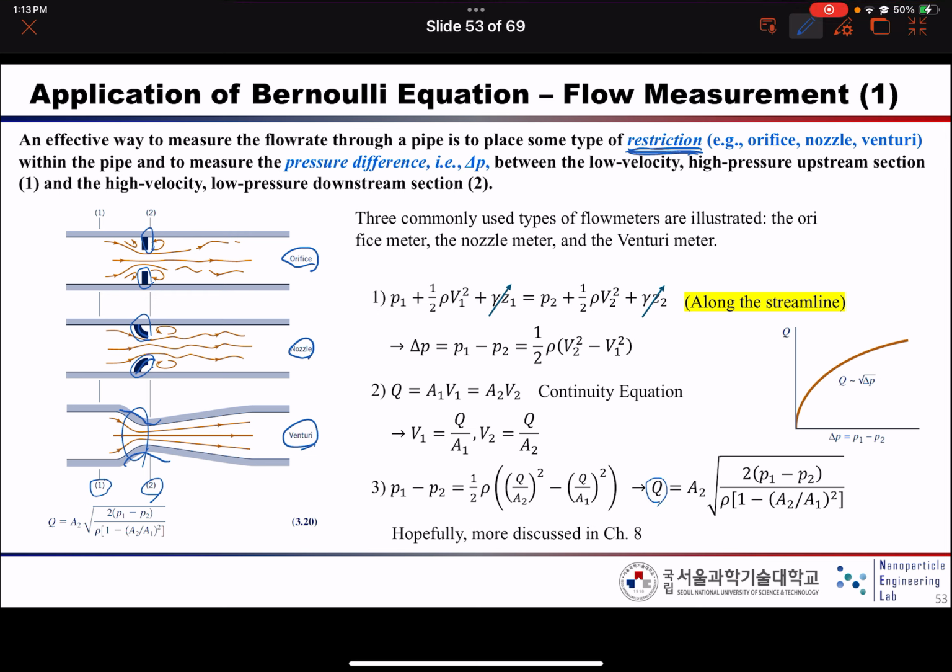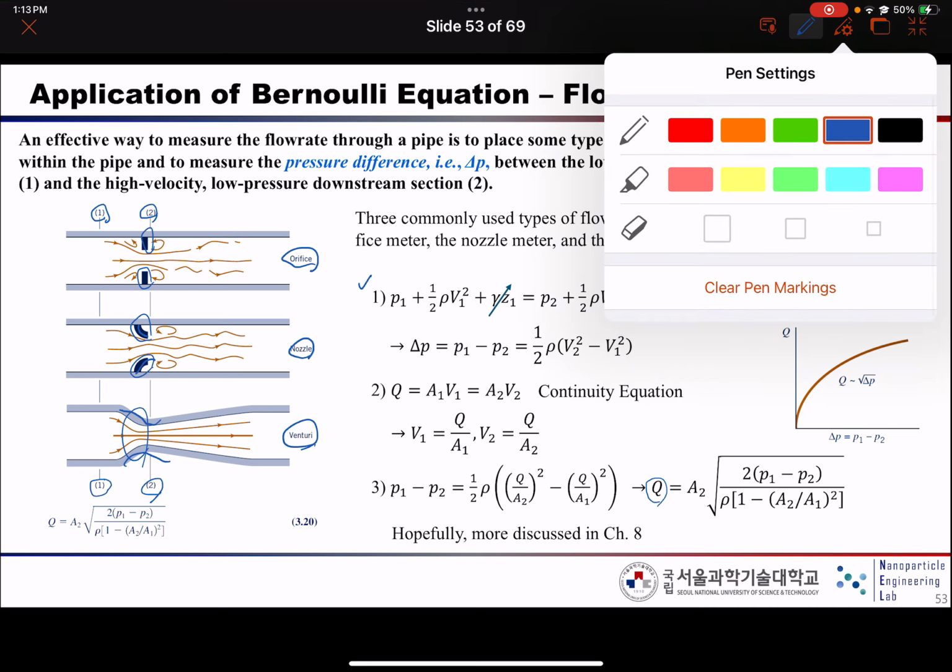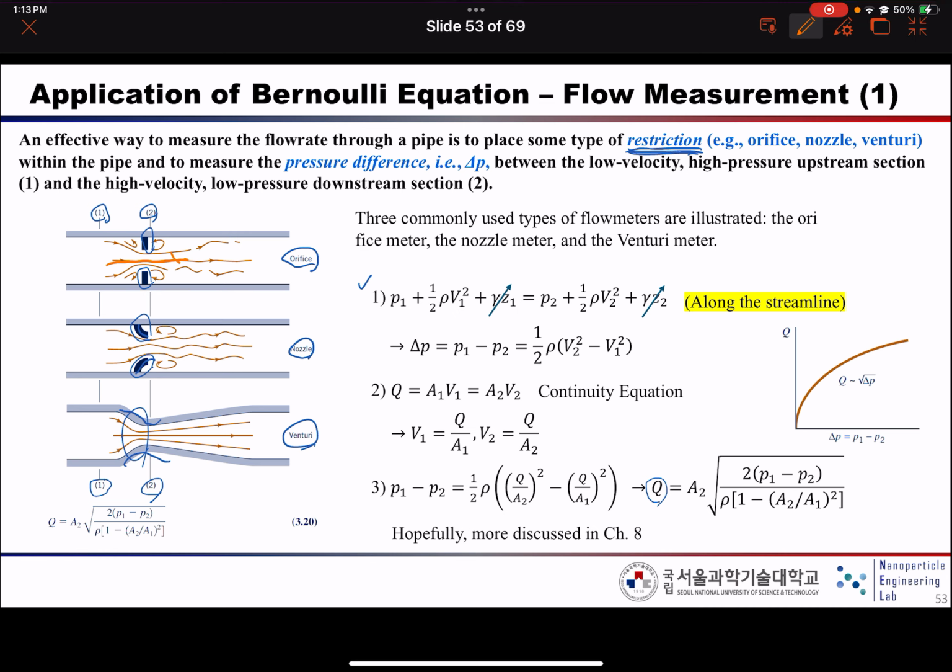Flow rate means Q. So if we apply this to point 1 and point 2, because they are on the same streamline, we can make this kind of Bernoulli equation, right?